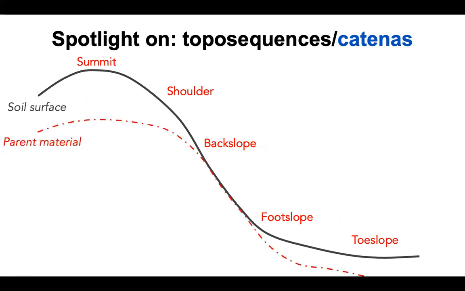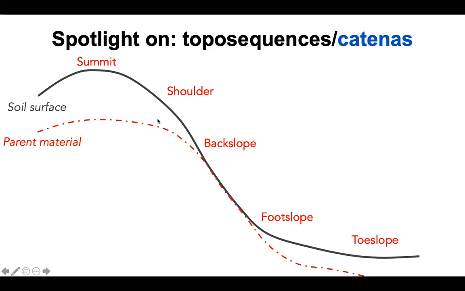Now, along that slope, we have a different depth to parent material. So at the summit, we would expect to find our deepest soils. We have a lot of distance between the top of the soil and where the parent material is.